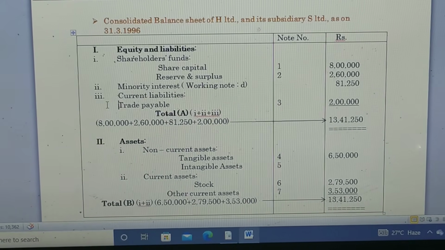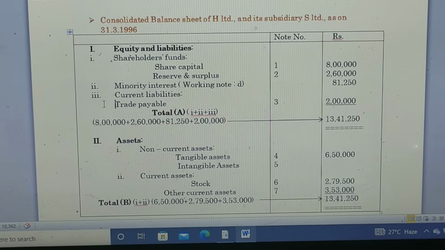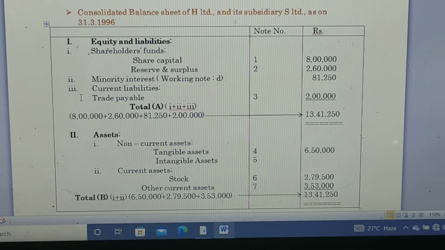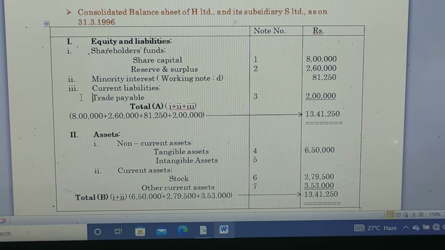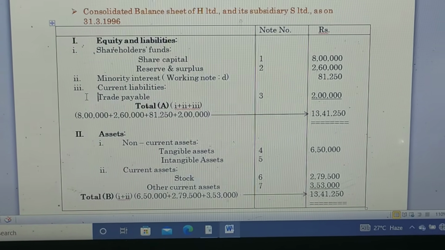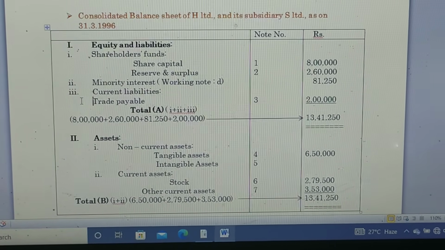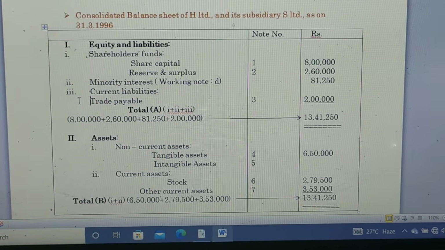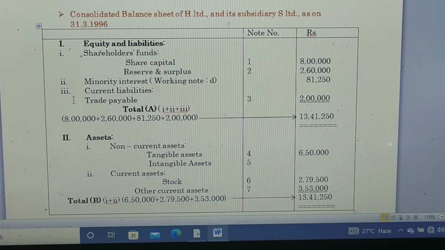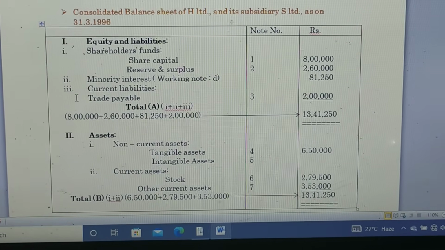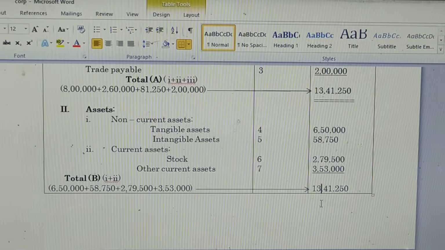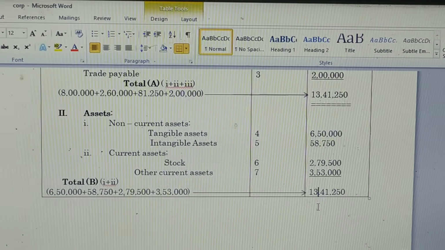Then Roman numeral 2 is assets. Under the assets, we have to mention non-current assets. Under the non-current assets, we have to mention tangible assets. That is note number 4 heading. Number 4 will be mentioned in the note number column. And note number 4 total is 6,50,000. And we have to mention intangible assets. That is note number 5 heading. The note number 5 total is 58,750, and current assets.